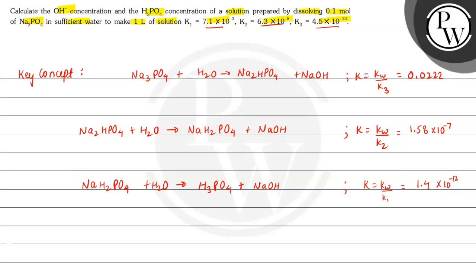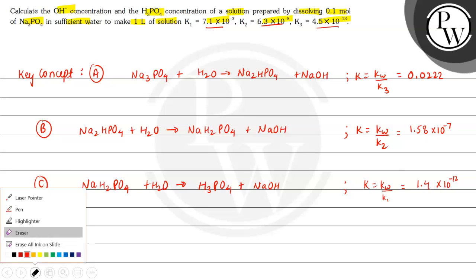So as we can see, let us mark these as equations A, B and C. For B and C, the value of K is really small as compared to that in A. That means the OH minus concentration will be mainly due to step A. In step A, we know the concentration of Na3PO4, which is given as 0.1 mole in the question.